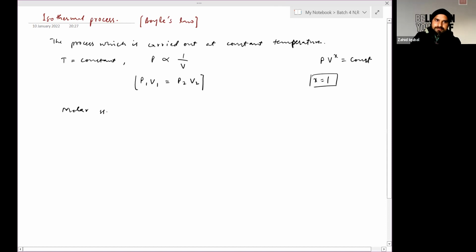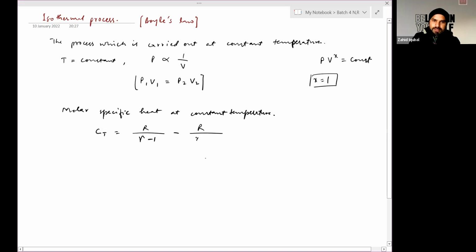So using this, the molar specific heat at constant temperature, Ct, equals R by gamma minus 1 minus R by x minus 1.